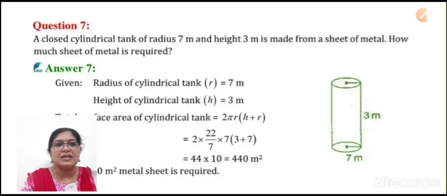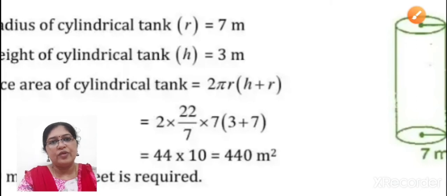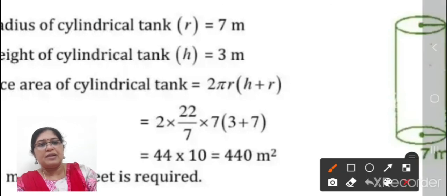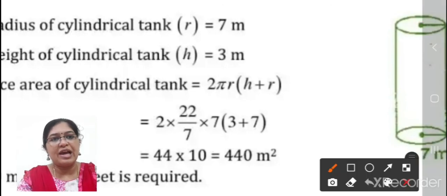Radius only is given, not the diameter, so it is very simple. r is equal to 7, height of the cylinder equal to 3. Now we apply the formula 2 pi r into h plus r. So 2 into pi value 22 by 7, into r equal to 7, into h plus r, that is 3 plus 7. 7 and 7 got cancelled.